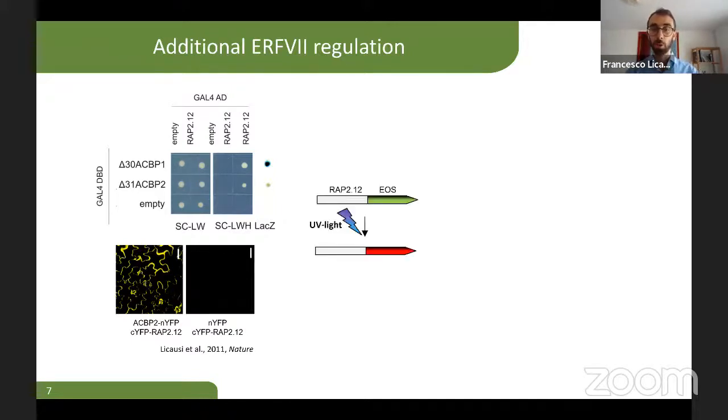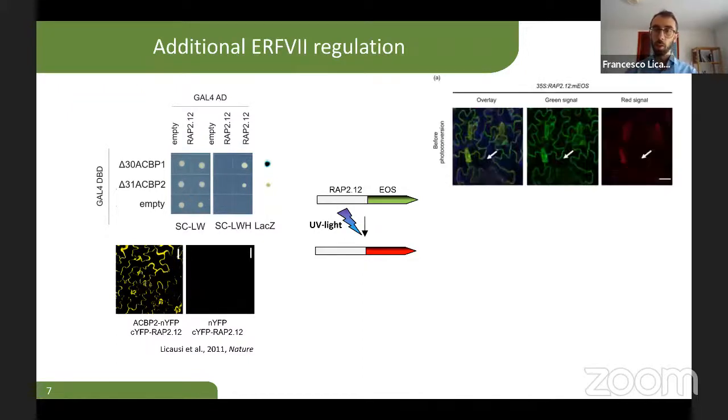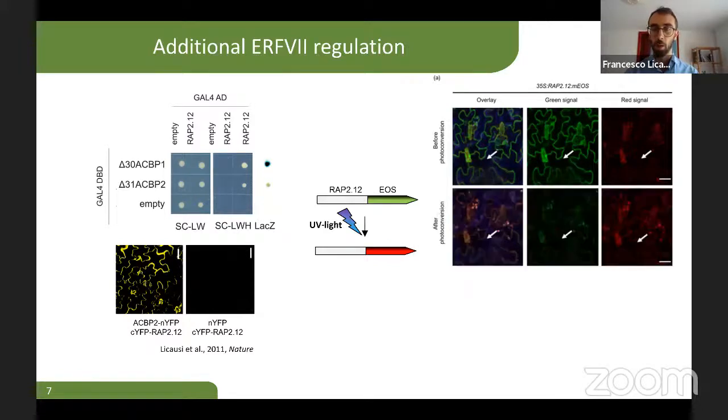Indeed, when we were fusing RAP2.12 with a fluorescent protein that can be photoconverted from green into a red fluorescent protein upon UV light exposure, we could verify what is the contribution of old protein and newly synthesized protein. So before photoconversion, we would have just green labeled RAP2.12. After photoconversion, this would be converted to red.